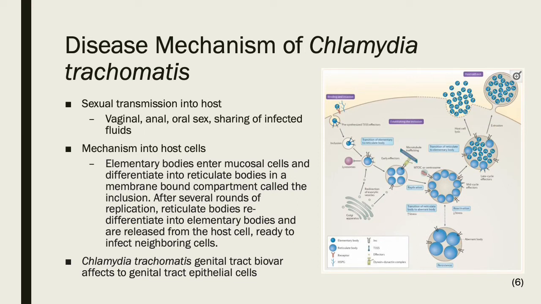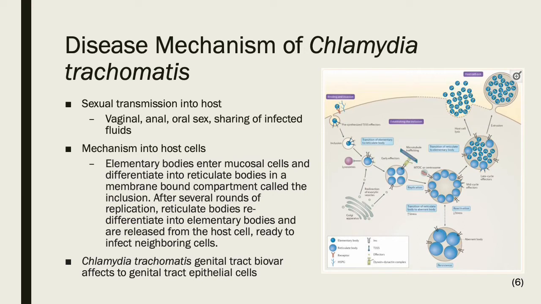Bacterial protein synthesis begins, elementary bodies convert to reticulate bodies, and newly secreted inclusion membrane proteins, called Incs, promote nutrient acquisition by redirecting exocytic vesicles that are in transit from the Golgi apparatus to the plasma membrane.